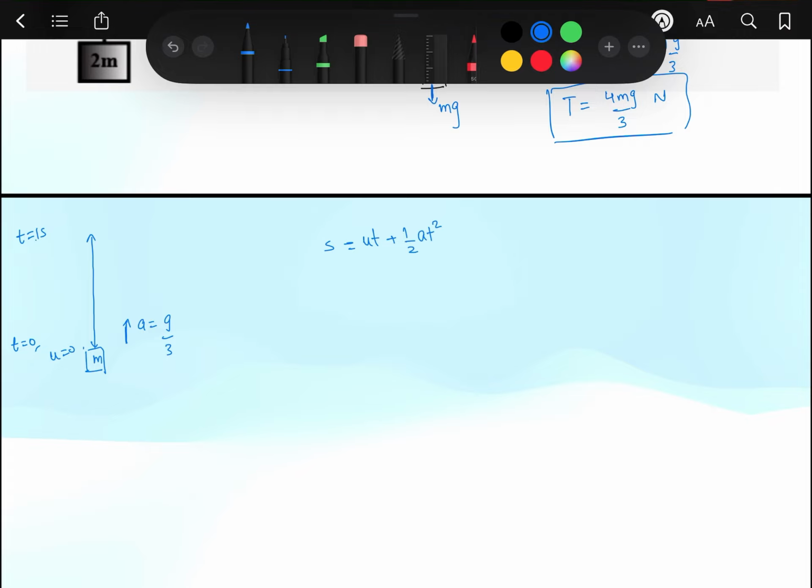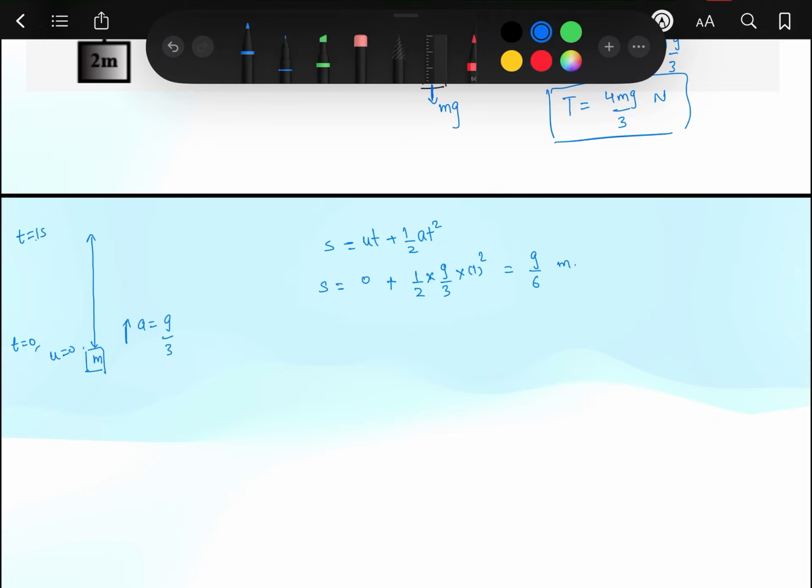Here u is 0, so this term will be 0, plus half into g by 3 in the upward direction, and time is 1, so 1 square. So the value of s we are getting here is g by 6 meter.